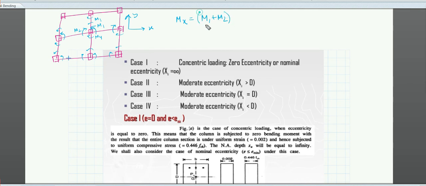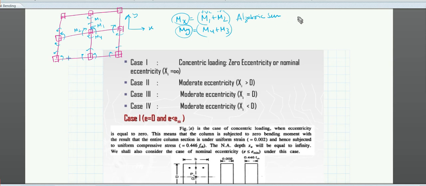I'm telling you again, this is the algebraic sum. And my will be m4 plus m3. That means you have to consider the sign, whether it is clockwise or anti-clockwise, positive or negative. So you will be having two moments, in the mx direction and my direction.